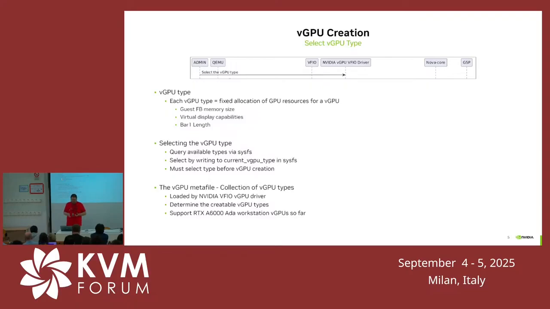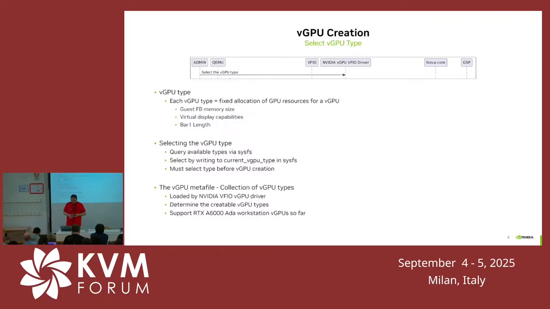For selecting the vGPU types, there's an interface in sysfs. You can open it and query what kind of vGPU types you can create, and then select one by echoing the number of the vGPU type. Then you're ready to go: you can open the VFIO device. But you must select the vGPU type before creating the vGPU.